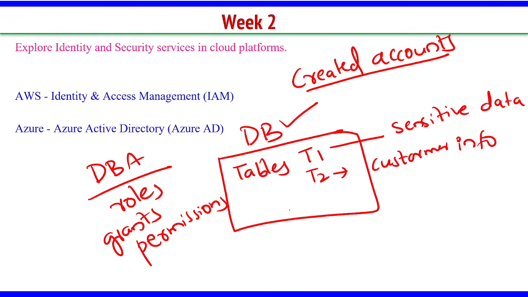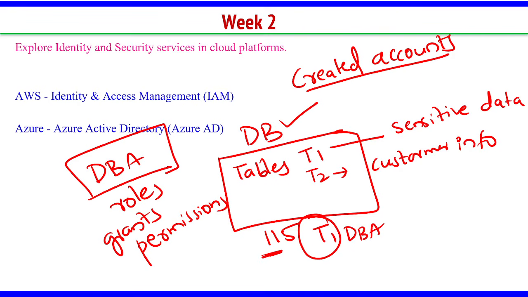For a database there could be multiple users. All 115 students can access this database, and the database administrator gives some access. It means table 1 cannot be accessed by these people. Table 1 can be accessed only by the database administrator. That is the condition. And there are so many tables like this, T3, T4, T5, T6 and so on.